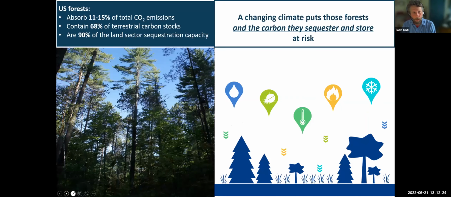And so, while we recognize the importance of forests for climate mitigation, we also have to recognize that of equal importance is that those changing climate conditions put the forests and the carbon that they sequester and store at risk, which really gets to the importance of thinking about adaptation and integrating adaptation into planning for effective carbon management in our forest systems.